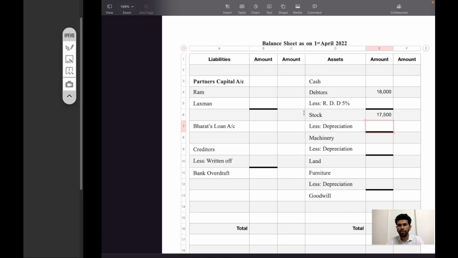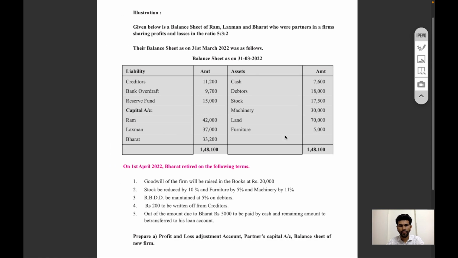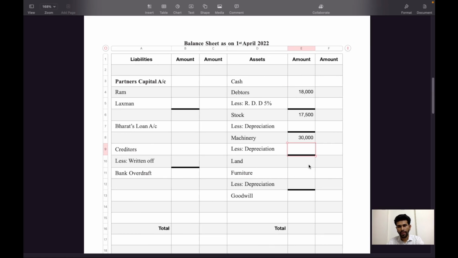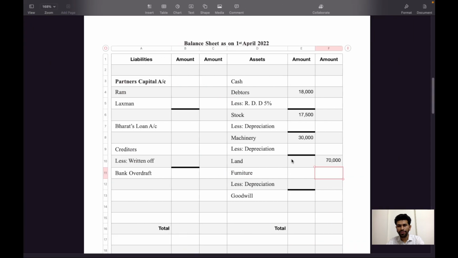Machinery 30,000 rupees. Land 70,000 rupees. There is no adjustment in land, so we will record in the outer column. Furniture of 5,000 rupees.